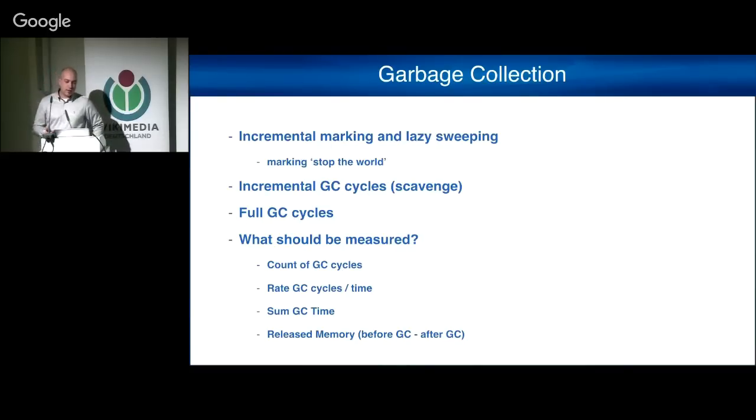We could calculate the garbage collection cycles per time, like having a rate, like 20 garbage collections per second, per minute, whatever. We could make a sum of all the garbage collection time. I think that's a very interesting metric to see. Really, 10 seconds in 1 minute was spent in garbage collection. And we could measure the released memory, having it before and after garbage collection.